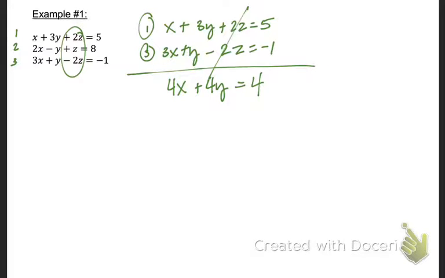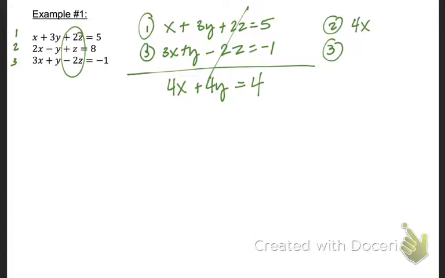Then I'm going to choose two different ones. So I've used 1 and 3. Now I have to use 2 and something else. So let's choose 2 and 3. But with number 2, what do you need to multiply the whole thing by to get negative 2z? Or to get positive 2z? You need to multiply it by 2.